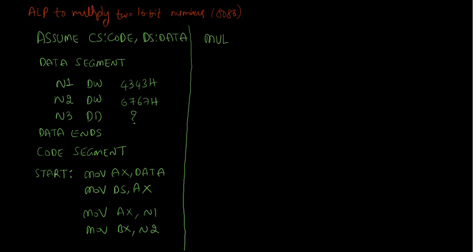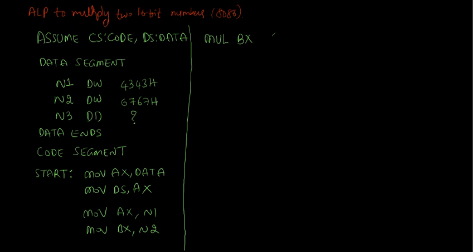Here you need to concentrate on MUL, because MUL requires only one operand, that is the source operand, mul bx. The destination operand, that is ax, is the implicit operand for this mul bx. So for the mul instruction you need not write the ax.